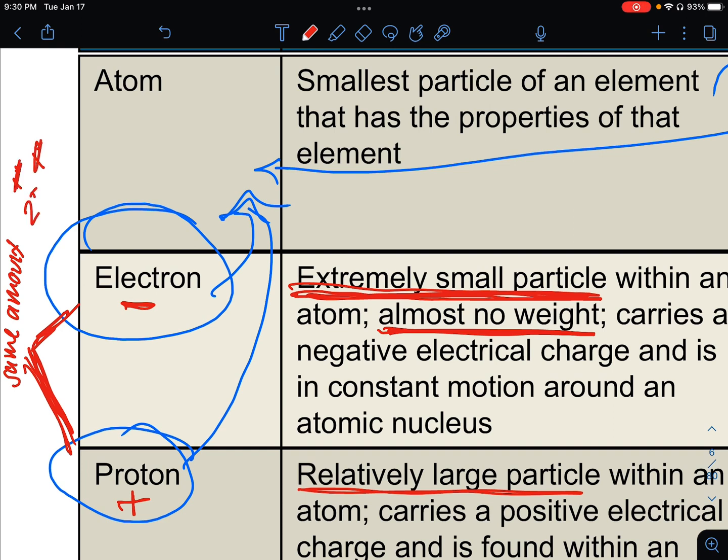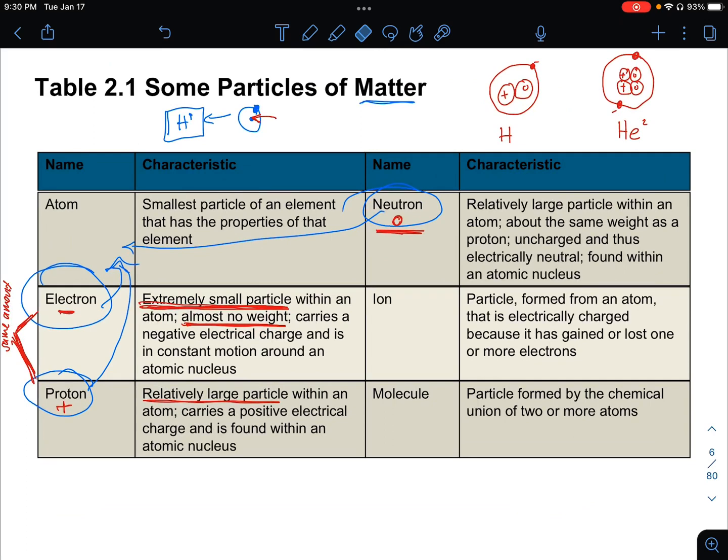If we have two positive and two negative, those are going to cancel each other out, which then just leaves us with our neutrons, leaving us electrically neutral. We really want to maintain that in our elements. No matter how many neutrons we have, as long as we have the same number of electrons and protons, we are going to have an electrically neutral atom.